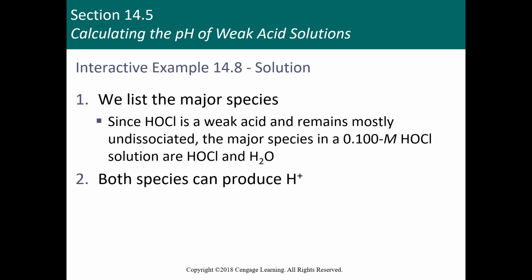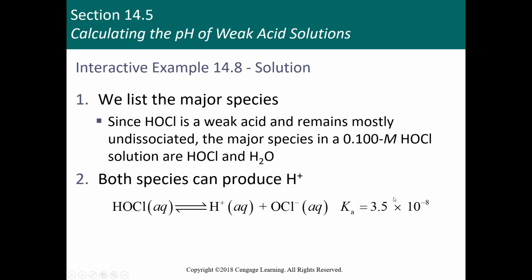Both species can produce H+. Both of these could act as acids. However, because Ka is a fairly large value as compared to the other, the HOCl is what you're going to be concerned with as your acid. And so you see here, this is the difference.